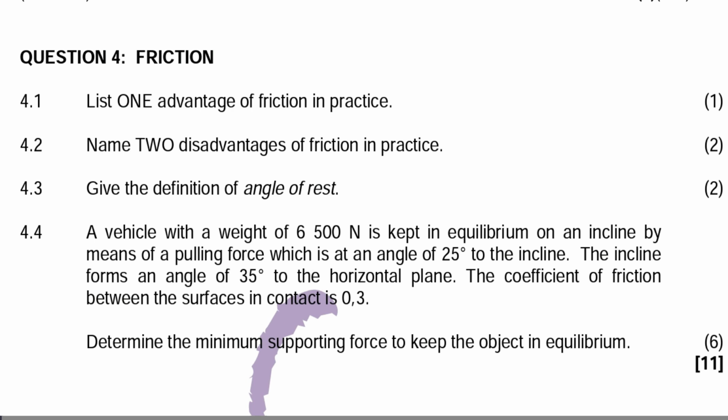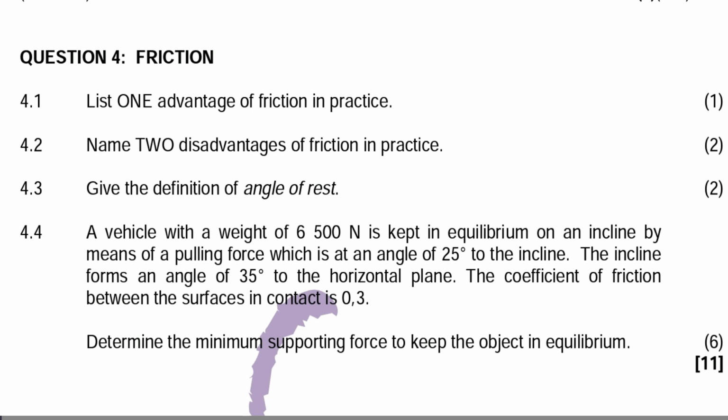I want to read the statement again, because there's something that they are doing with the two angles, which, if you do not pay attention, you might find yourself having taken the angle of the slope and put it where the force is applied. Let's read again.